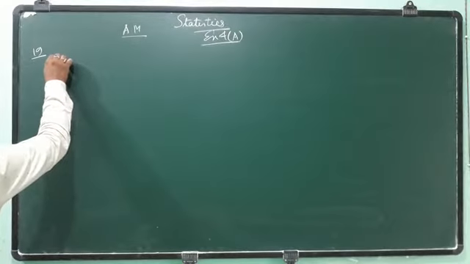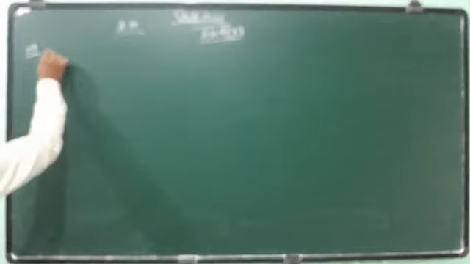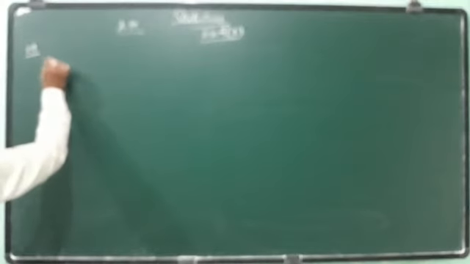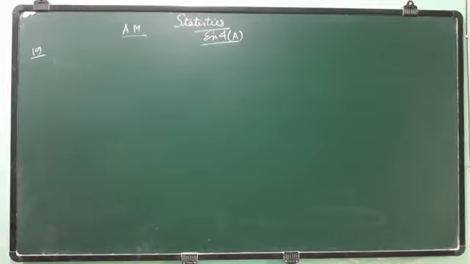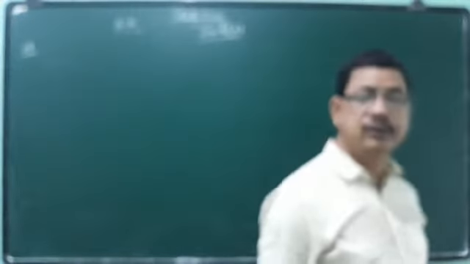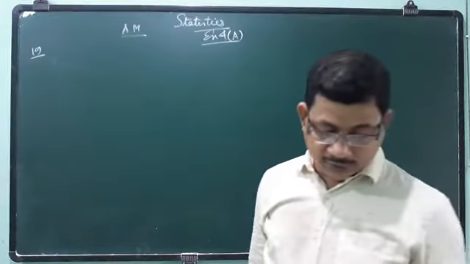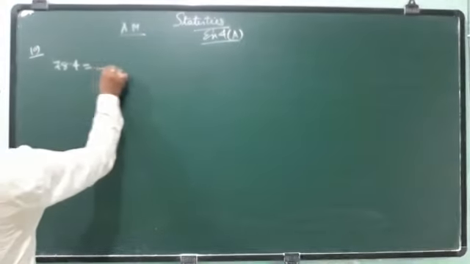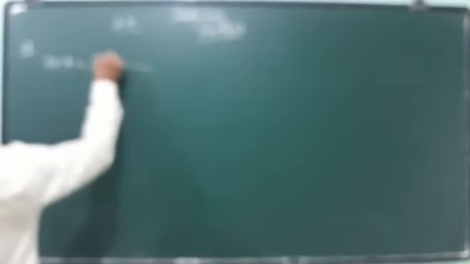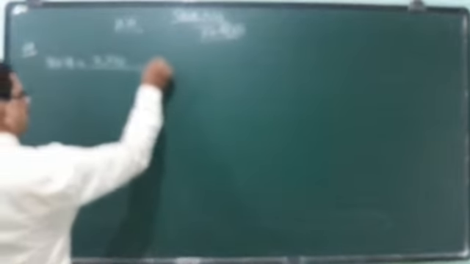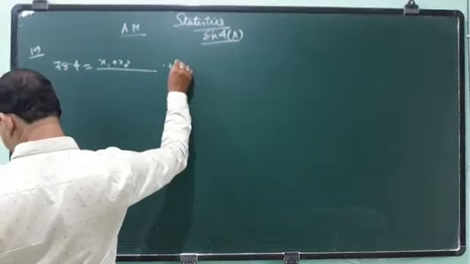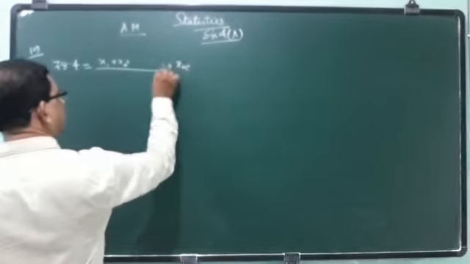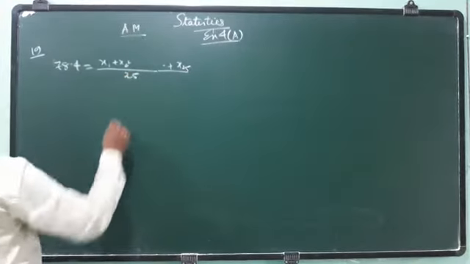You see that 25 observations. When we consider the incorrect mean, 78.4 will be x1, x2, dot dot dot, up to x25, and you have to divide the sum by 25.